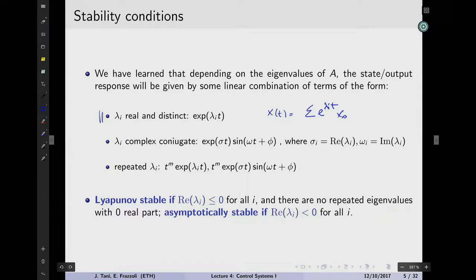So the evolution of the state in time included exponential terms that depended directly on the eigenvalues of A. And it's nice if you think about it. A is not something that we get to choose. A depends on the system. It comes from the physics equations that one writes down. So stability is an inherent property of the system.